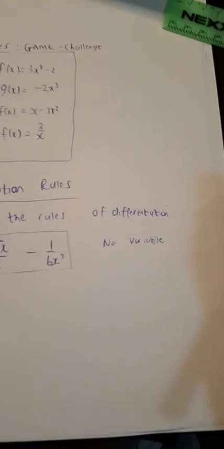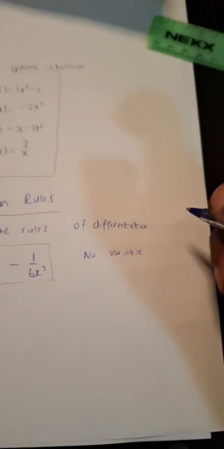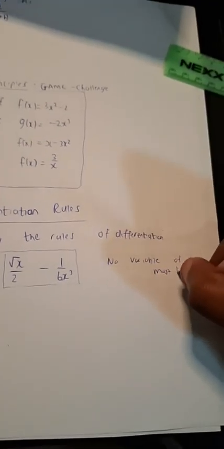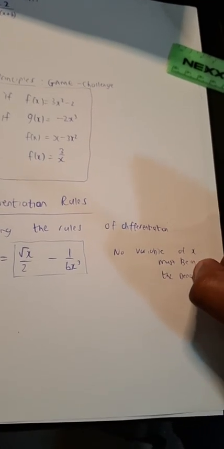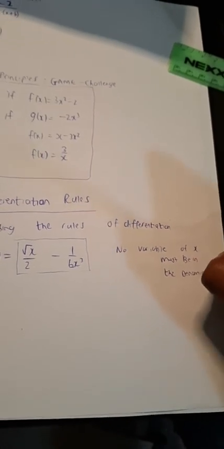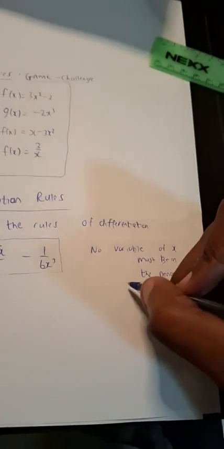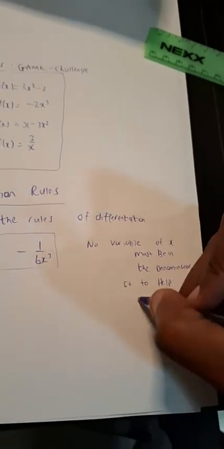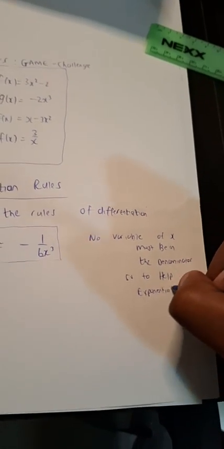I cannot differentiate if the variable of x is in the denominator. I can't have that. Okay? No, not at all. To help with that, exponential laws and definitions help a lot.